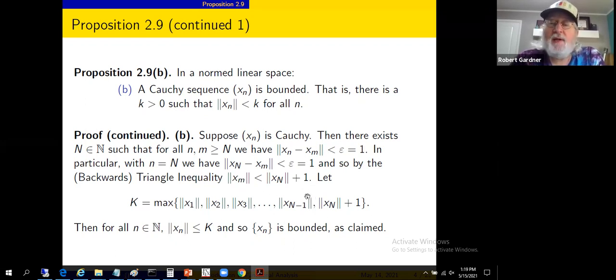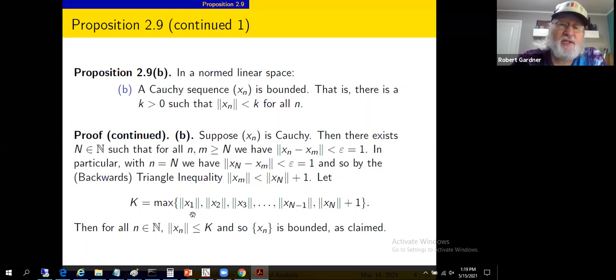We've got all but the first capital N minus 1 vectors, and those are the ones that don't fall under this inequality. x1, x2 through x sub capital N minus 1 could potentially be bigger than this bound. But beyond x sub capital N, all vectors have this bound on their norm.